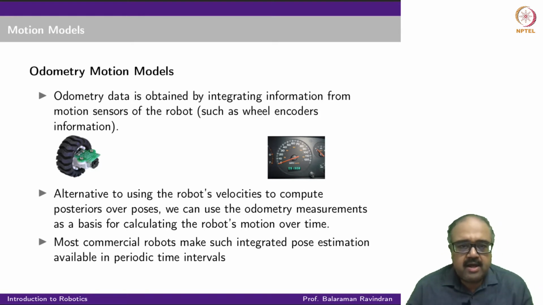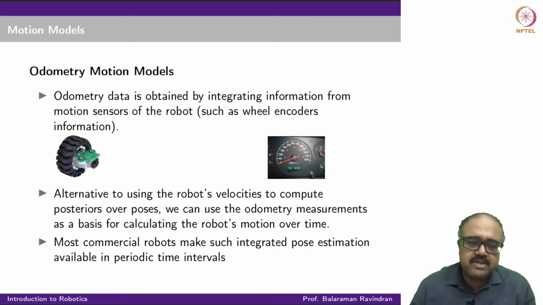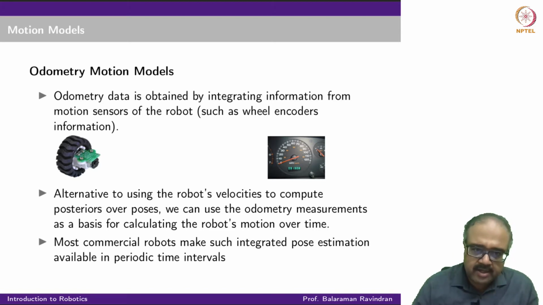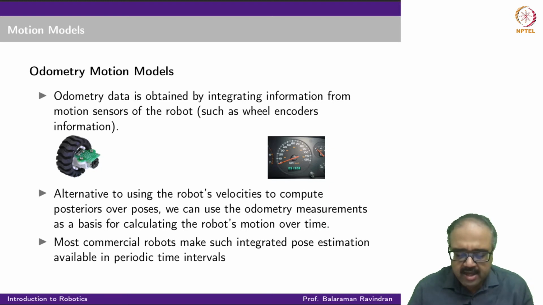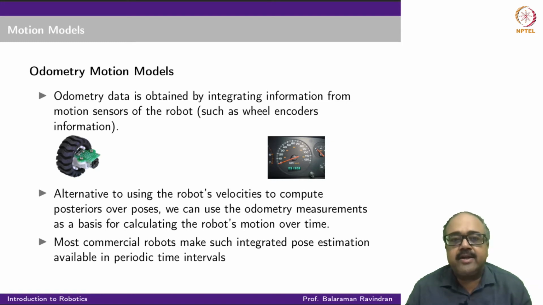Okay, so why do we use this? That's what we are mentioning here, that it's an alternative to using the robot velocities. The main reason that we end up using this is because quite often the velocities that we set the controller to give need not always get translated into physical movements.